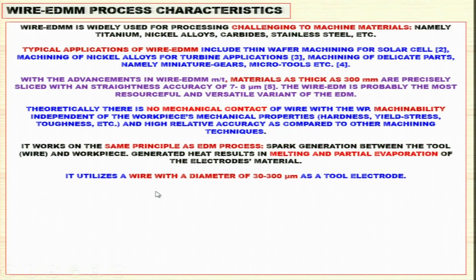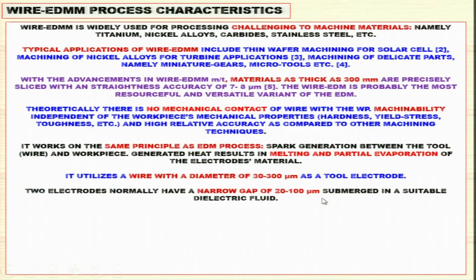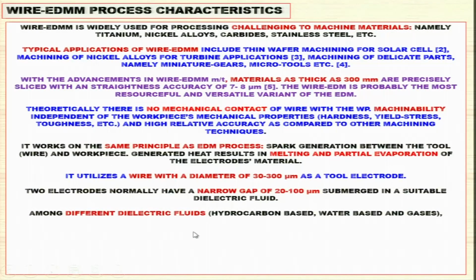It utilizes wire with a diameter of 30 to 300 micrometer as a tool electrode, and that is made as cathode. Two electrodes normally have a narrow gap of 20 to 100 micrometer submerged in a suitable dielectric tank. One figure we have already seen, others we will see.